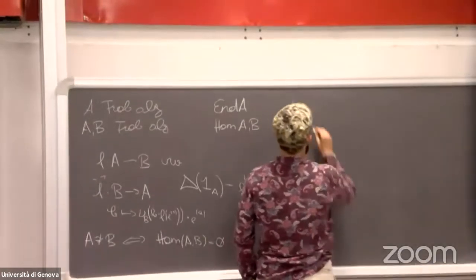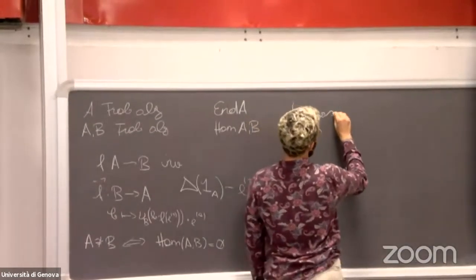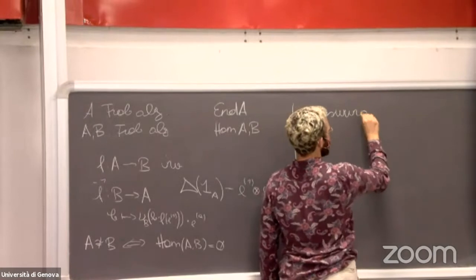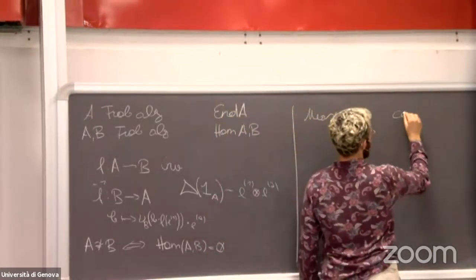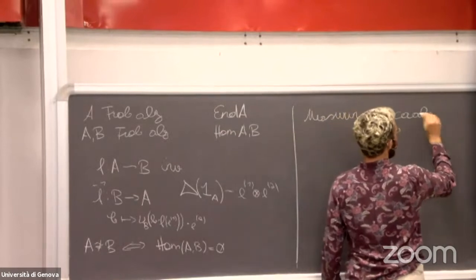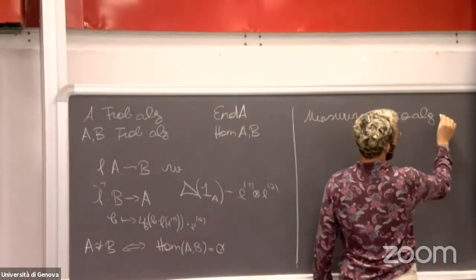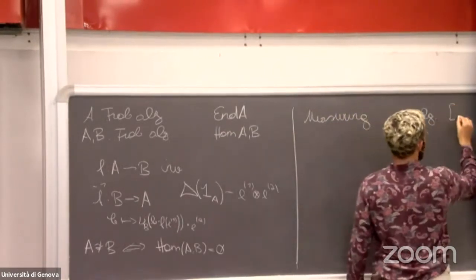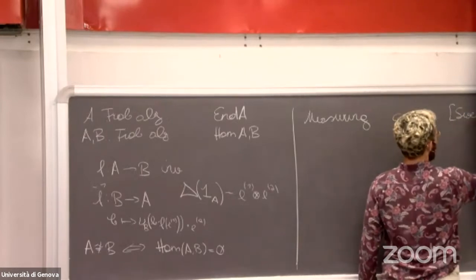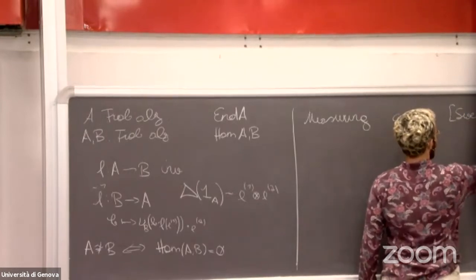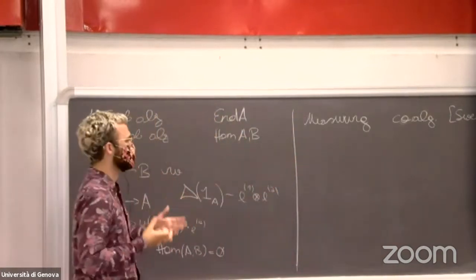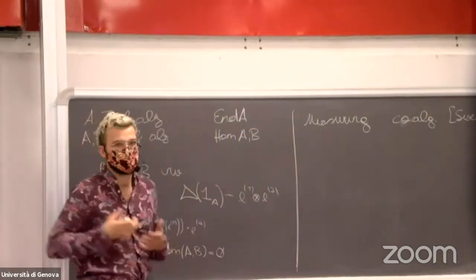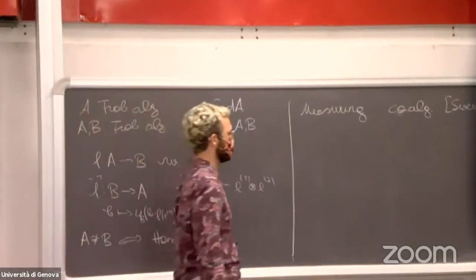So I want to talk about the measurings. And these measurings will turn out to be coalgebras, so measuring coalgebras. And this is due to Sweedler, who first defined it. I also want to give you a little bit of motivation for what this does, and then I'll give you the definition straightforwardly.